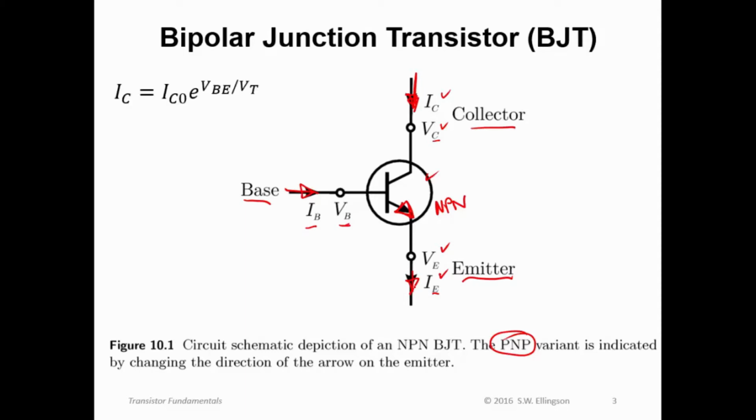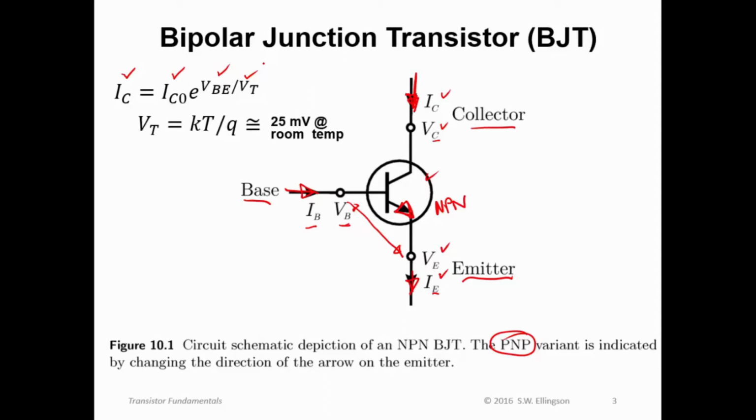Here's one of the governing relationships for a BJT. The collector current, the current flowing into the collector, is given by a constant, I sub C naught, times e raised to an exponent equal to V sub BE. That's the base emitter voltage, the difference between these two terminals, divided by V sub T, which is the thermal voltage.